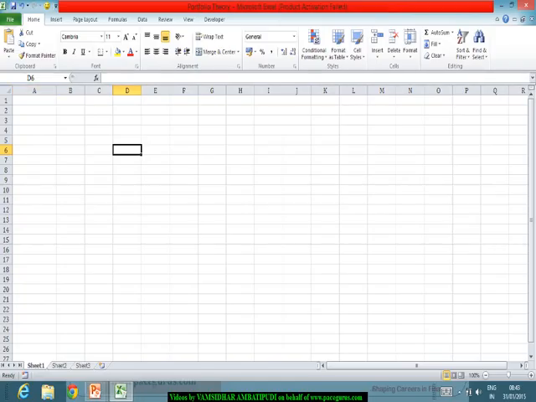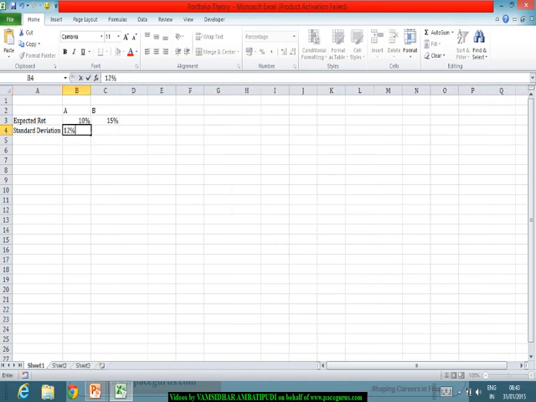So let's look at a situation where we are talking about two securities A and B, where A is having an expected return of 10%, B is having an expected return of 15%. Similarly, I'll look at the standard deviation of the returns. Let's say A is having a standard deviation of 12%, whereas B is having around 15%.